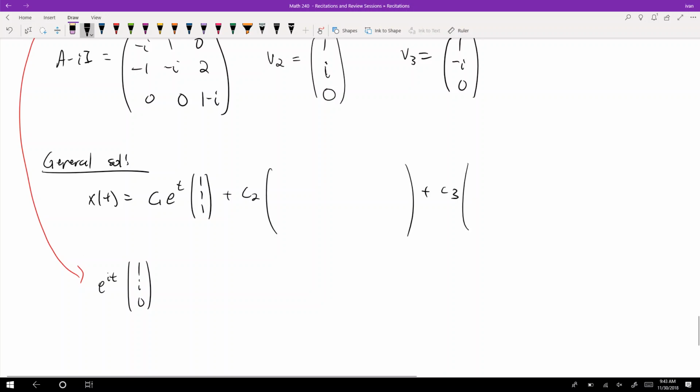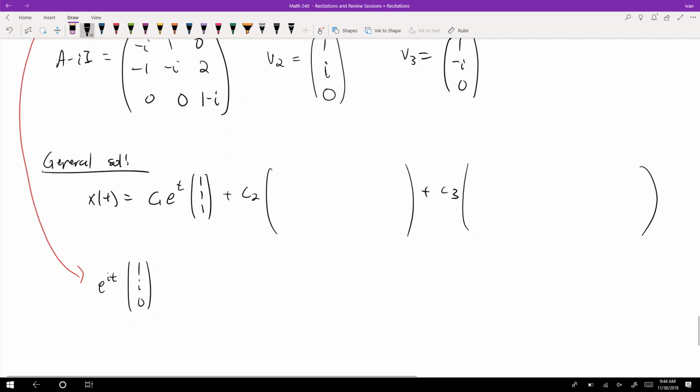So somehow, I need to recover 2 solutions from just this guy. Does that make sense? So how are we going to recover 2 solutions from this? We're going to abuse the fact that there's a real part and an imaginary part, and that's how we can get 2 linearly independent solutions.